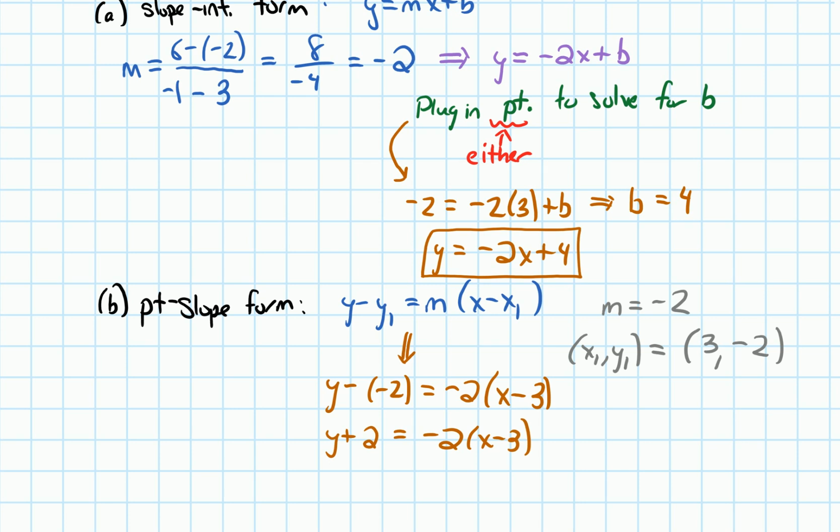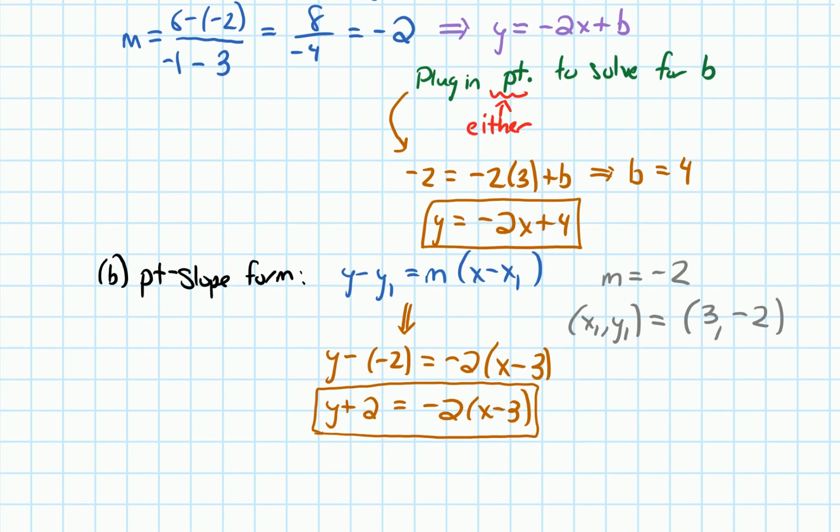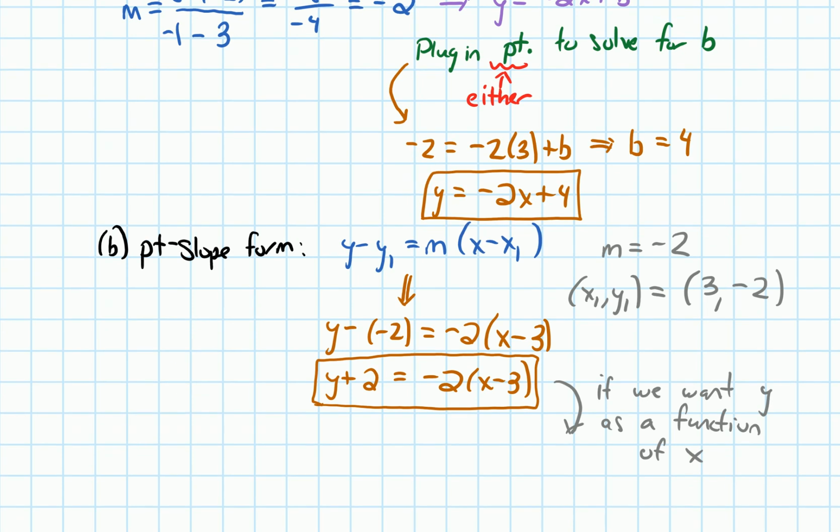This question just asked me to get the equation in point-slope form, and at this point I have it in point-slope form. It's totally fine to leave my equation like this. But if I wanted to put it in y equals mx plus b form, if I wanted y as a function of x, and sometimes we will, we just have to isolate the y.